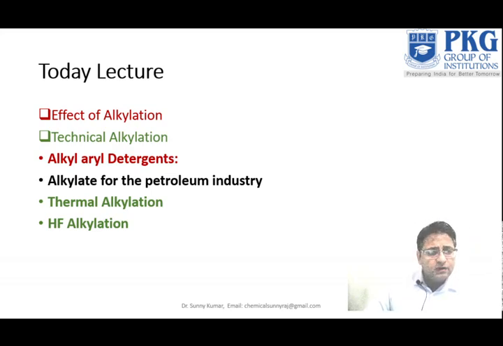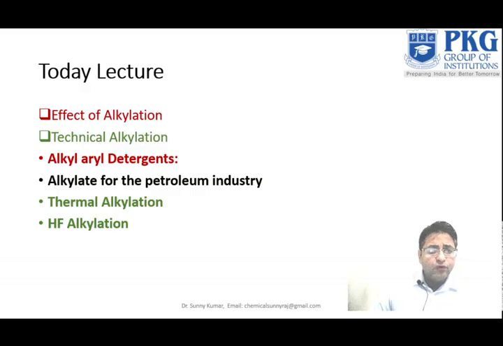We will make flow sheets of this, how we can produce it and what equipments are required for producing this type of detergents, and for the petroleum industry how we can use these alkylates. We will also do some study of this, and of thermal alkylation, why and where thermal alkylation is required, and HF alkylation.